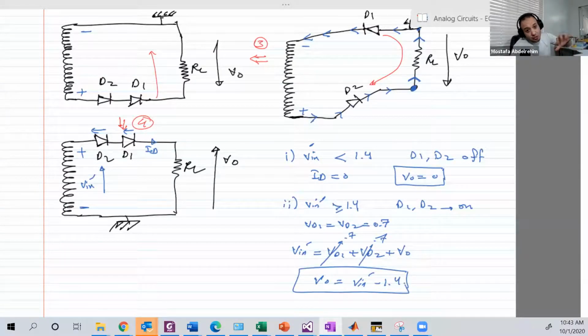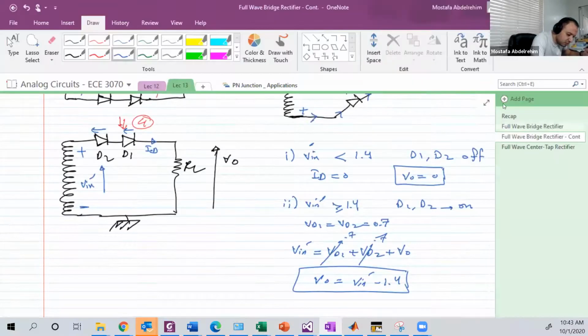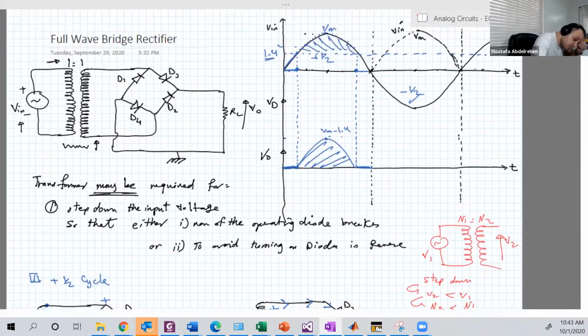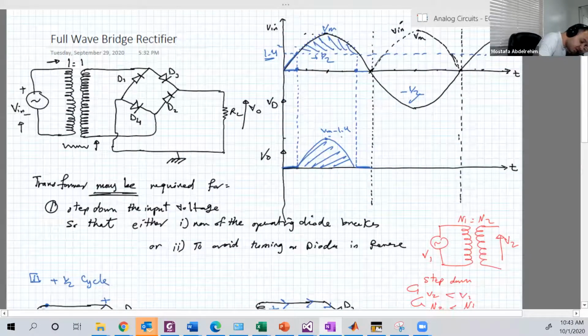But instead of V input, we have V input dash, which is just a flipped version in polarity. So let's sketch that. When V input dash is less than 1.4, VO is 0. When V input dash is less than 1.4, this part and this part, the output is 0.